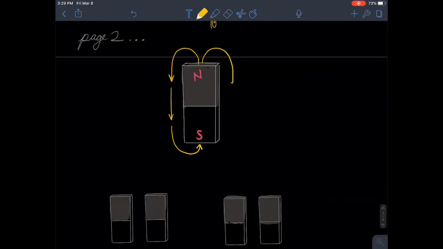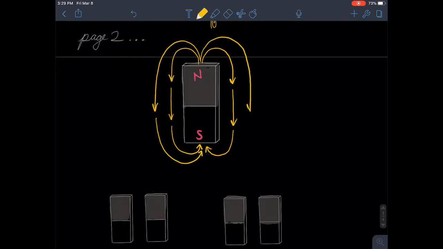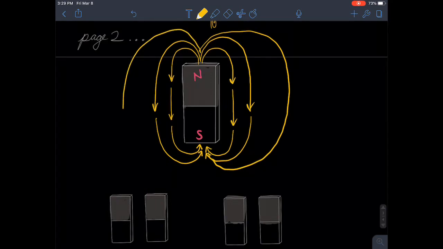So we end up getting this arc, or this bubble kind of thing around a magnet. And as you get further away, you can imagine that the force of the magnet starts to decrease. So I could maybe draw one way out there because it's way less than it is as you get closer.